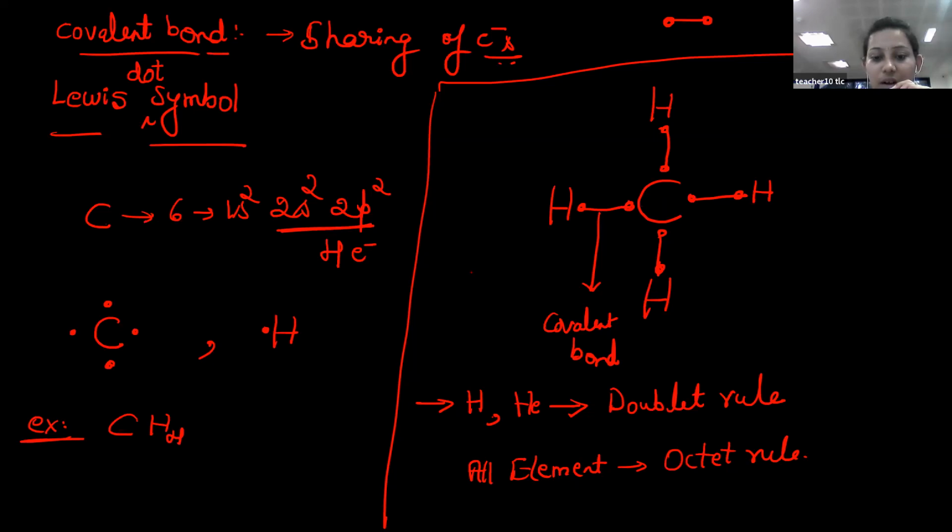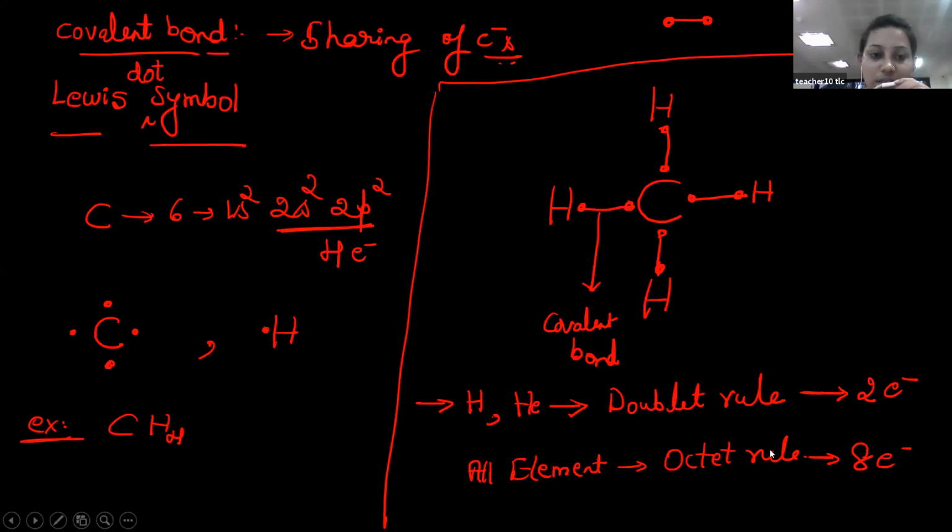Why doublet? Doublet means it is 2. So doublet rule means 2 electrons must be there. And then octet means it is 8 electrons. Is this clear? Why is it doublet, students? Hydrogen as well as helium, if you consider, its size is very, very small.